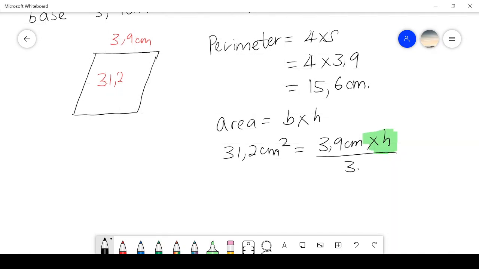I can divide both sides by 3,9 centimeters, and I will get an answer that says h is equal to 8 centimeters. Now if we wanted to picture that, it would look something like this. 8 centimeters.